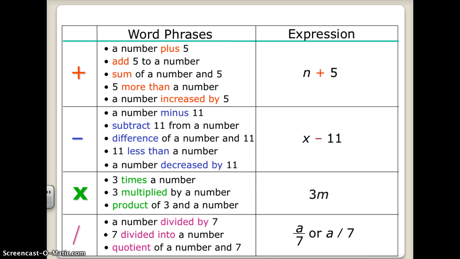We would divide the number by 7. So if a was our value for our variable, a over 7 or a/7. Notice we don't have the division sign that you're used to with the line and the 2 dots. We're going to leave that in elementary school, and we're mostly going to be using the fraction form, a over 7. So if you want to put an example of that in your notes, feel free.